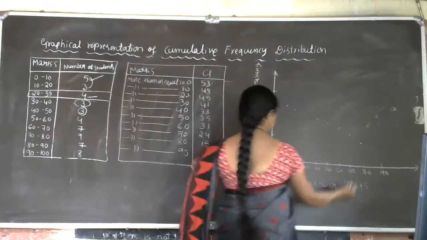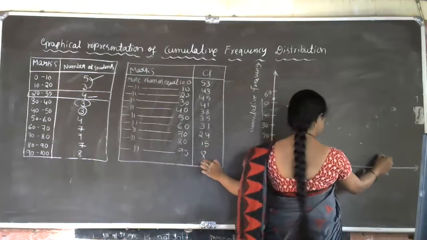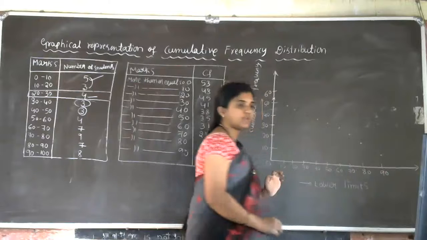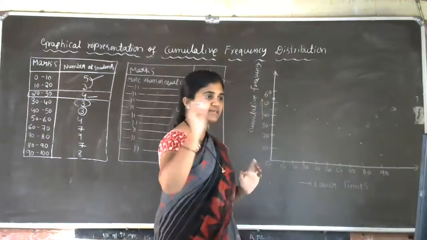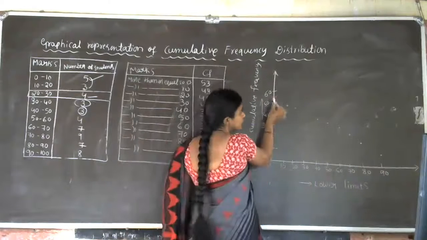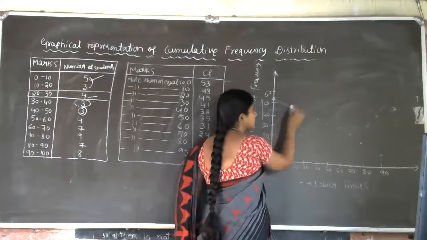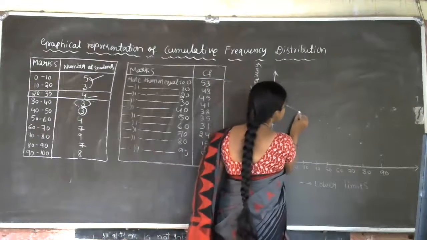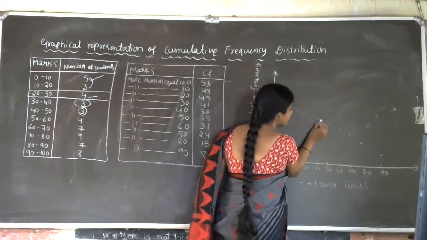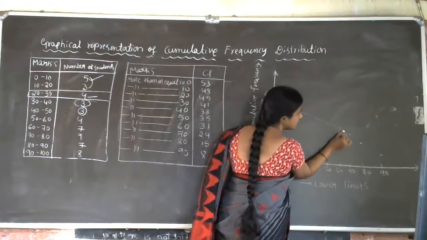Next, at 90, 8. So now what we have to do is join the points in a smooth way. We have to start from here only, on the axis. First connect these points, and we get a curved shape. We are not getting any straight line here.